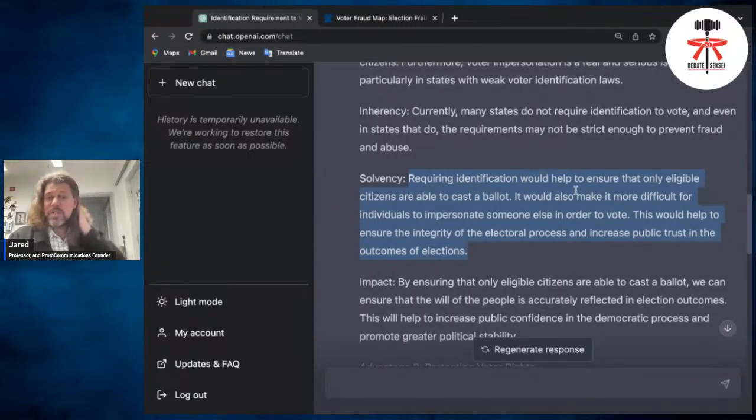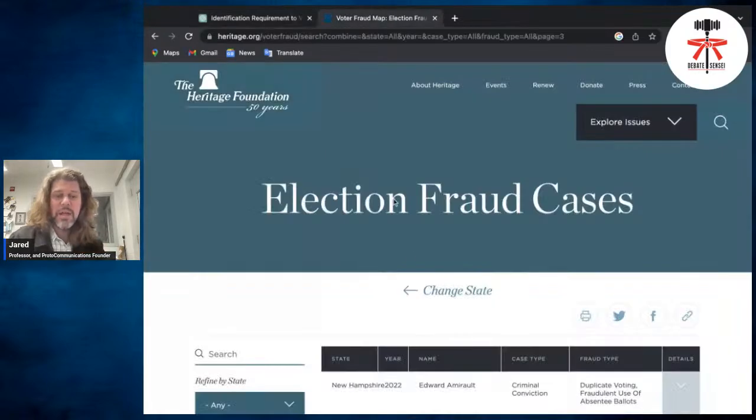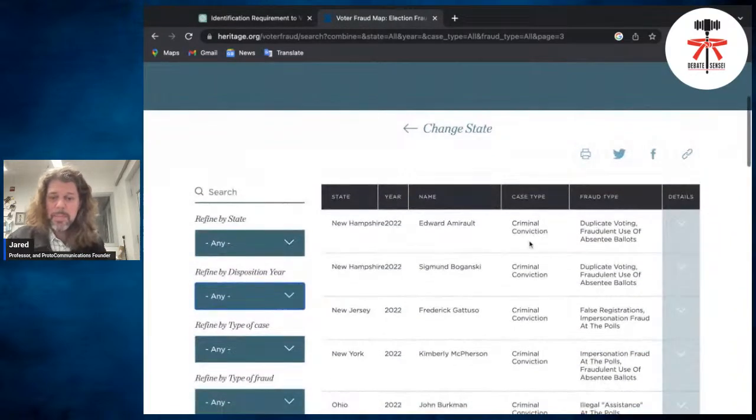Okay, that's another thing to realize, that when you're talking about solvency, let's take a look at the voter fraud, duplicate voting, maybe fraudulent use of absentee ballots. Notice how the one example that I chose from 2022, voter ID would not solve that one.